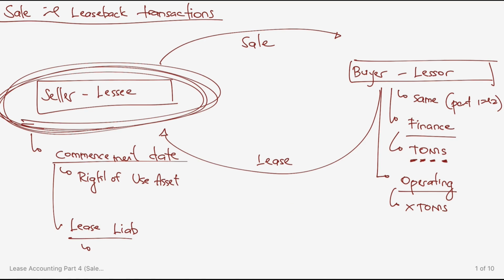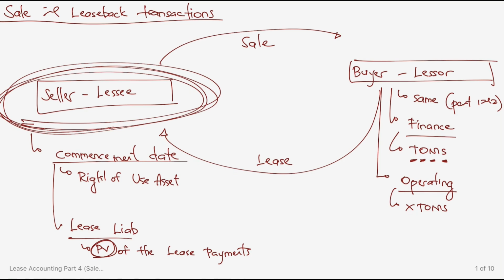Sir, bakit po? Because lease liability will still be equal to the present value of the lease payments. Wherein, pagdating sa present value computation, implicit rate pa rin will prevail over the incremental borrowing rate. Meaning, if given ang implicit rate, automatically yun na yung gagamitin.